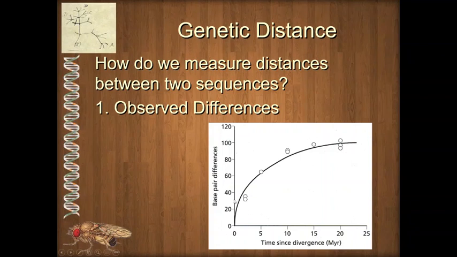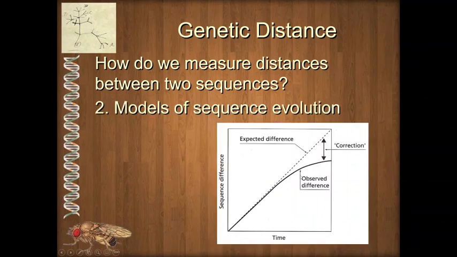And so notice that in the early stages, the amount of genetic distance, base pair differences, is a pretty good estimate of how much time has passed. But as saturation occurs, we have less and less of a way to estimate time. And so the observed difference, because of saturation, eventually reaches a plateau.